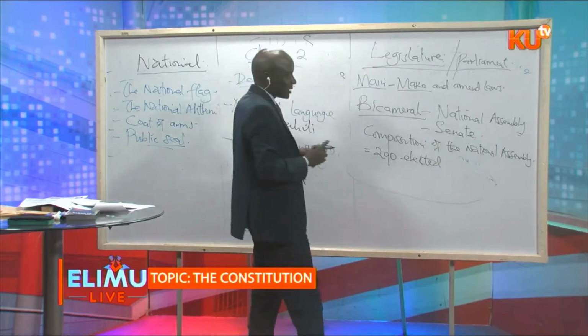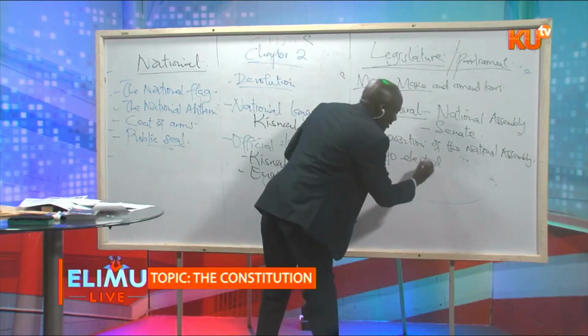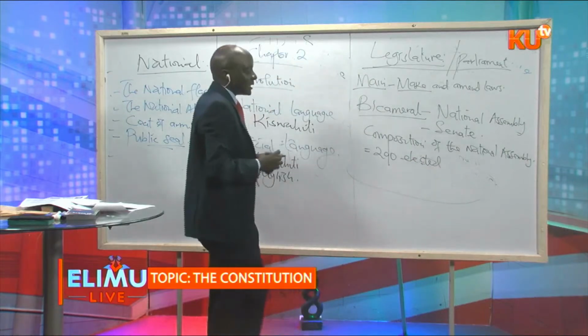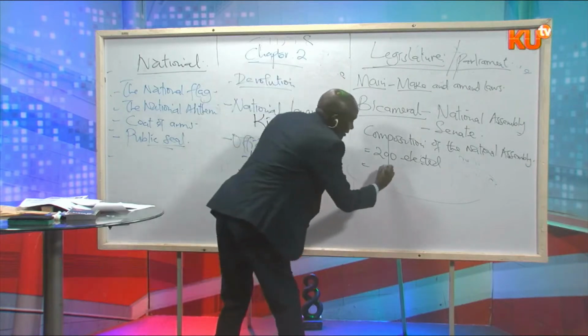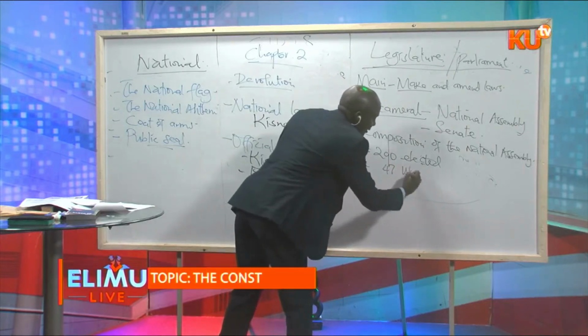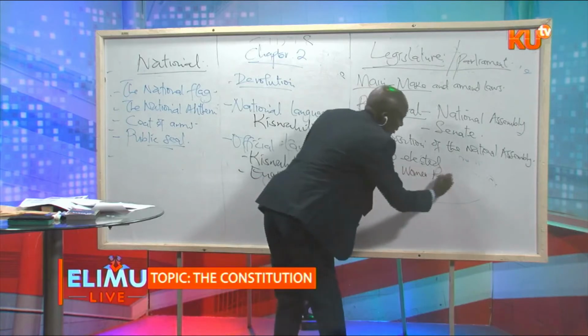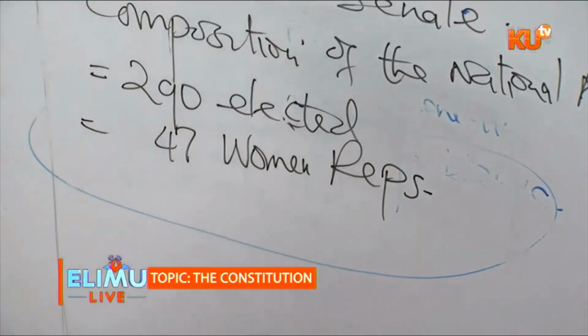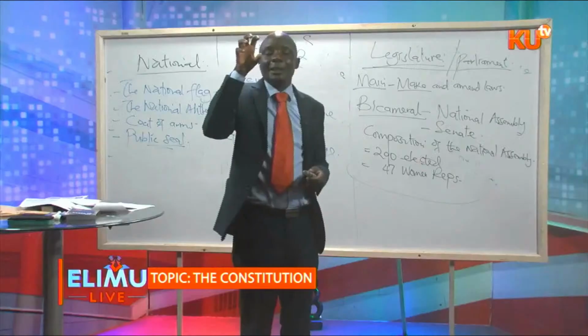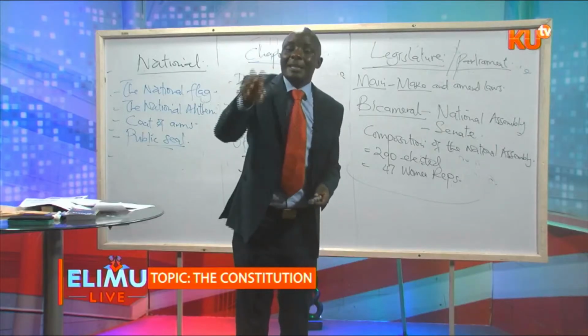When I've talked about number, somebody is very happy, Samia. 290 elected members. Then we talk about 47. These are women reps. The 47 women reps are actually elected to represent counties in the National Assembly.